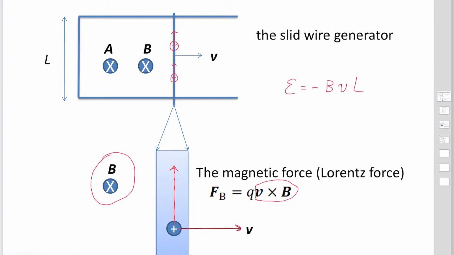Then what happens? Positive charge, we expect, is accumulated. Accumulation of the positive charge at one end of the slit wires produces an electric field, because the other end has lost the positive charge. So an electric field is induced inside this slit wire from the positive charges to the negative charges.